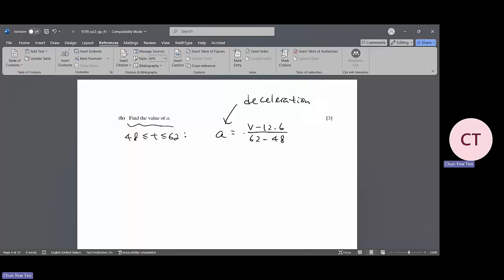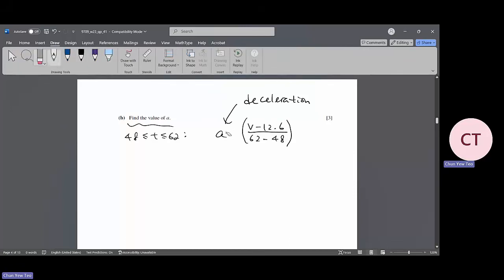The question mentioned that A is a deceleration, so you're supposed to put a negative in front. Remember, the gradient itself is already negative, but because they mentioned it's a deceleration, there's another negative in front. So you have to be careful.